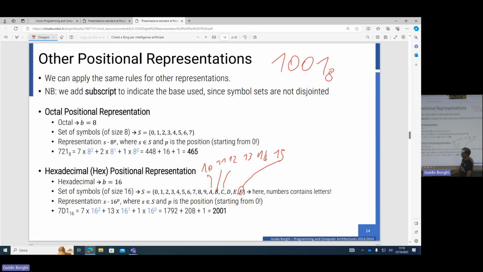With fewer digits, with the hexadecimal representation, we can express a number that in the decimal representation has more digits. If I want to express 2 in hexadecimal, how do I do it? We are going to see how it's possible to convert the base number in the last line.